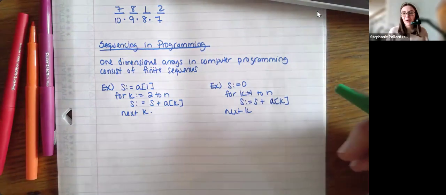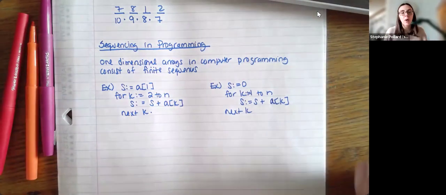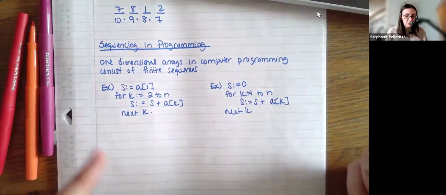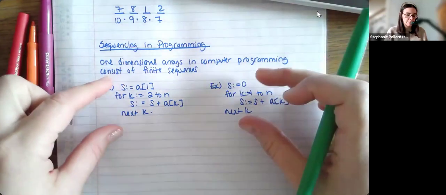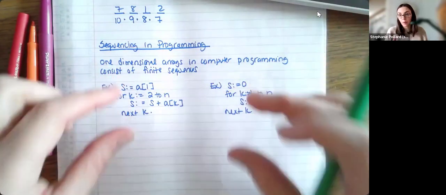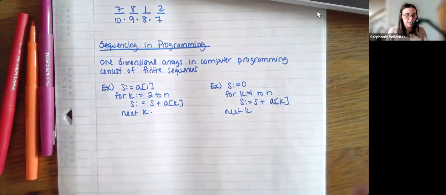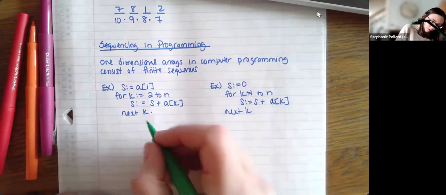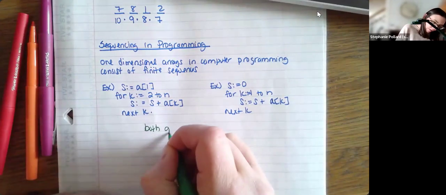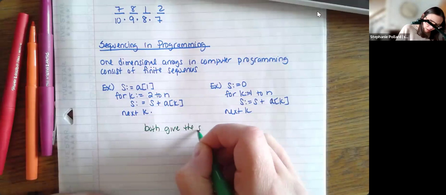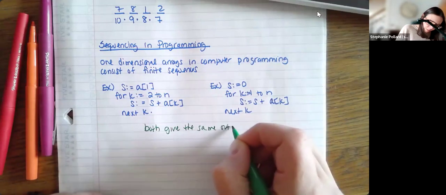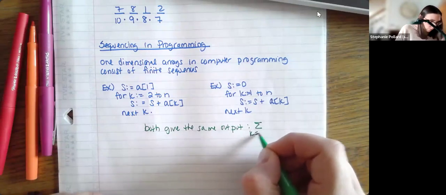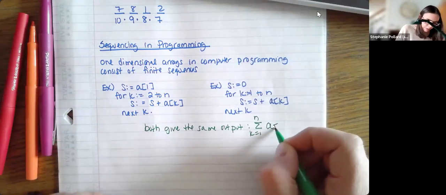So again, just a really quick, another application. One-dimensional arrays in computer programming can relate to sequences as well. So here you have, I don't know, two mini programs, right? Or mini segments of program, something like that. And they actually both give the same output, which is the sequence from k equals 1 to n of a sub k.